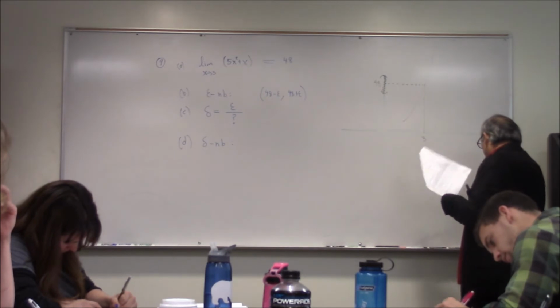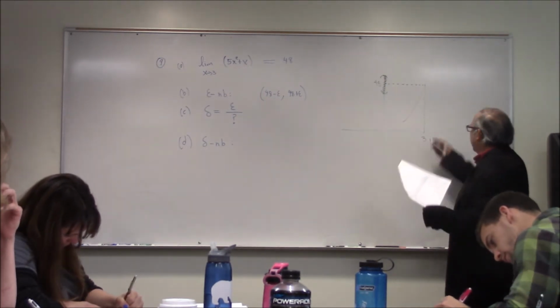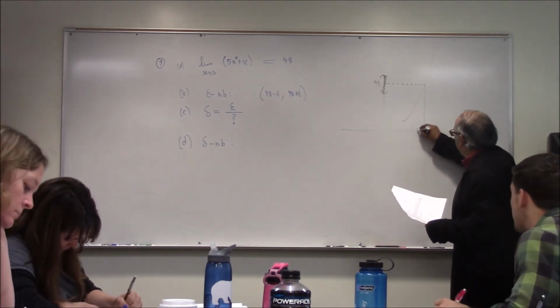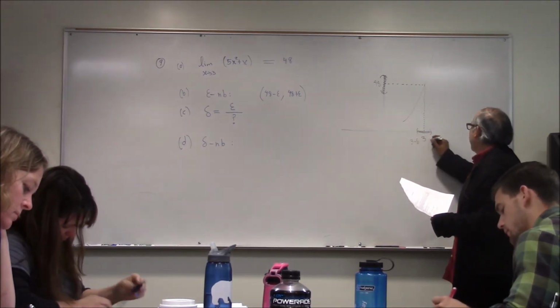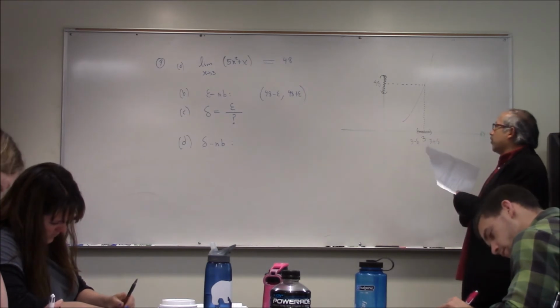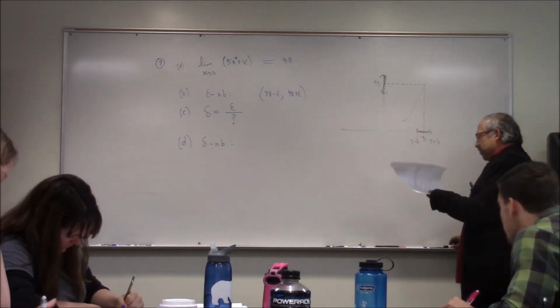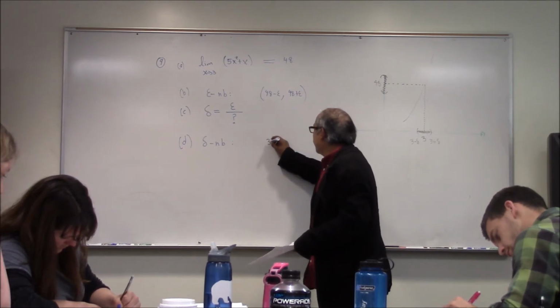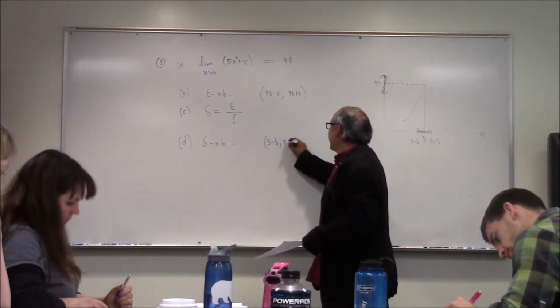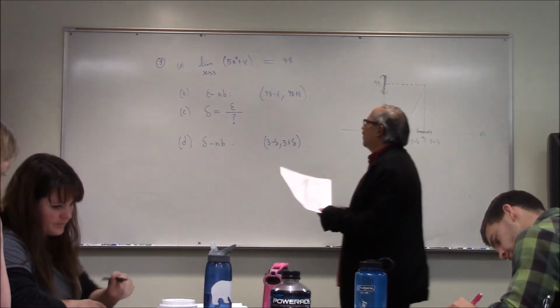What is the delta neighborhood, guys? The delta neighborhood is 3 minus delta, 3 plus delta. So far it's just a piece of cake. That's general, right? Very good.